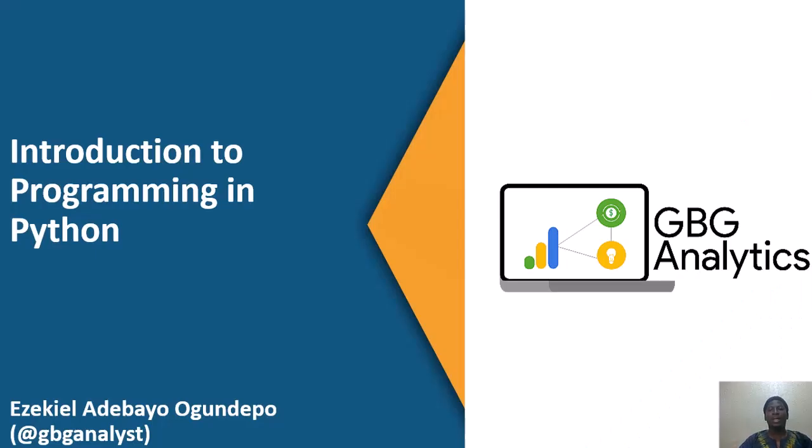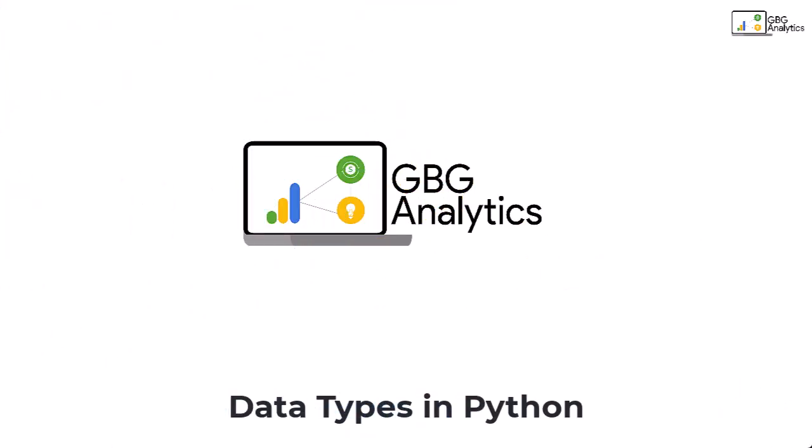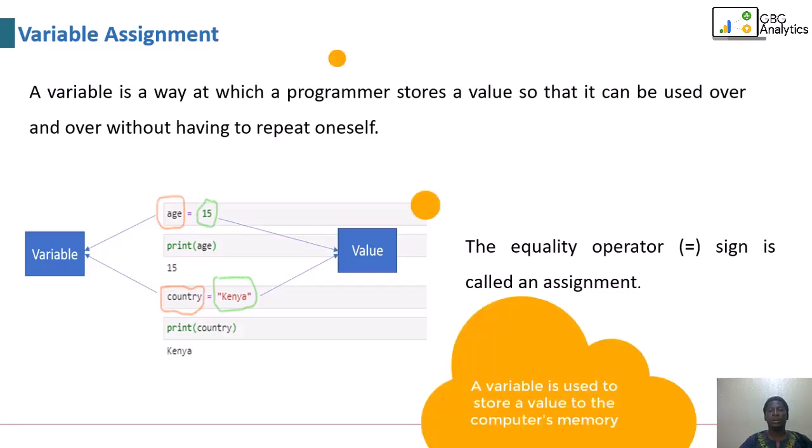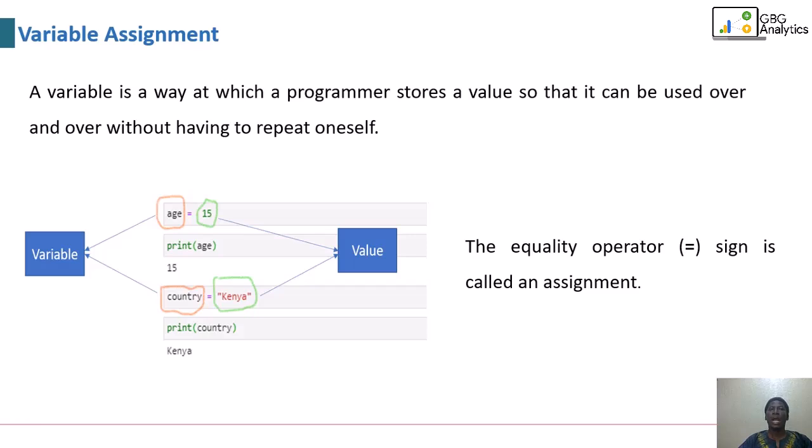Welcome back. In this session, you'll be learning about variable assignment in Python. What is a variable? A variable is a way in which you store a value so that it can be used over and over again without having to repeat yourself. For example, you are 15 years old now. If I ask you, how old will you be next year?